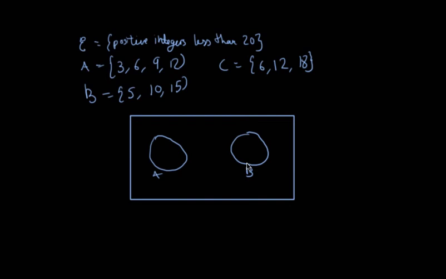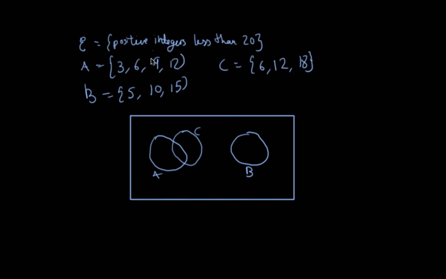They've got nothing in common. C has 6, which is also in A, and 12, which is also in A, and 18, which is in neither A nor B. So C will be here. And so that's nice and simple.